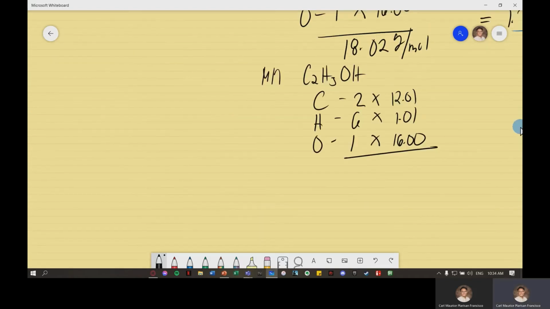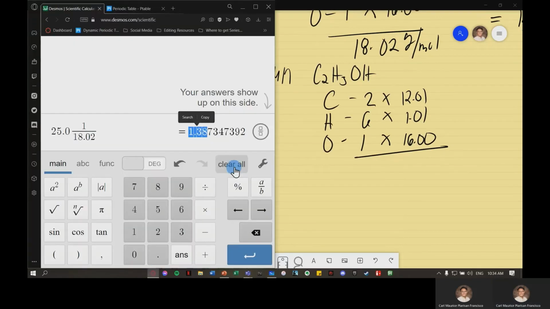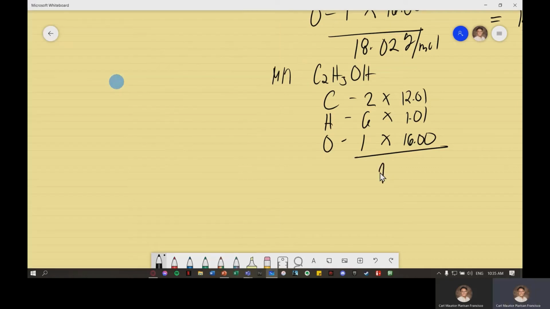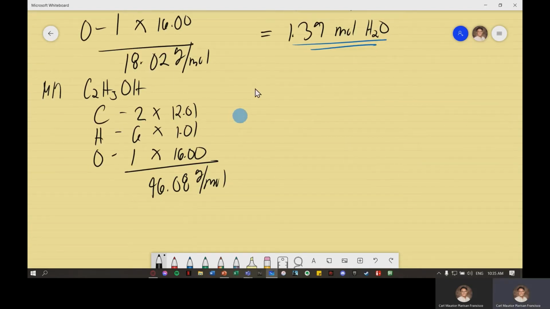Okay, and then input this in the calculator. This will be 1 times 16.00, 6 times 1.01, 2 times 12.01, 46.08. Okay, so I can now convert 25.0 grams of ethanol into unit mole.